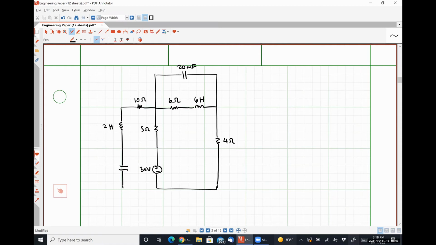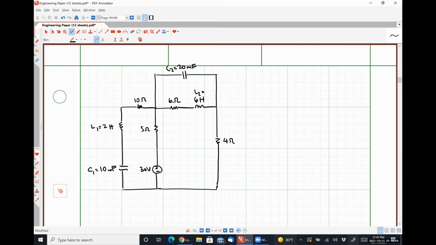And over here, we have a 10 millifarad capacitor. I'm going to call this guy C1, this guy L1, this guy C2, and this guy L2. All right.